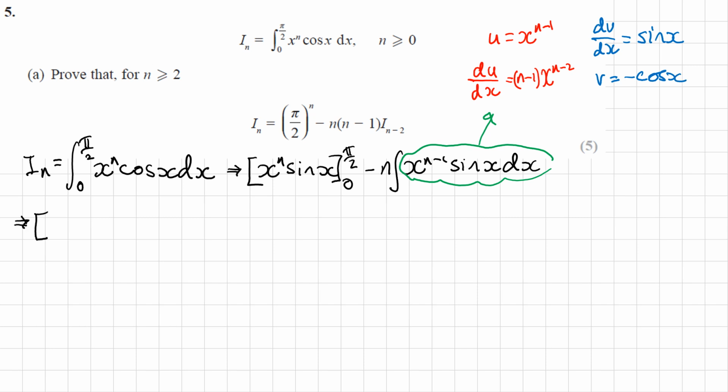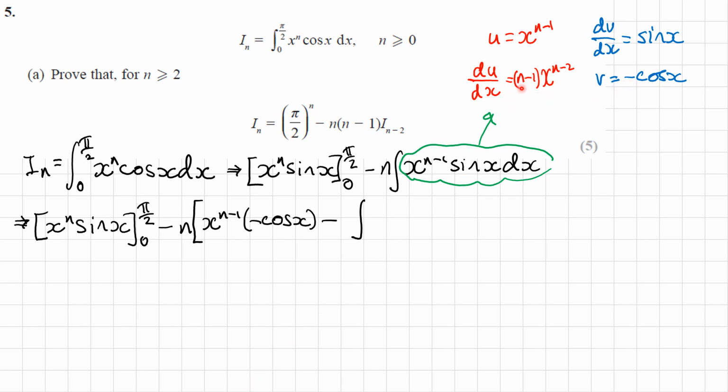So we've got the part from before, x to the power n sine x, with limits of 0 and pi over 2, then minus n times, so it's uv again, so x to the power n minus 1 times negative cos x, then minus the integral of v du dx.